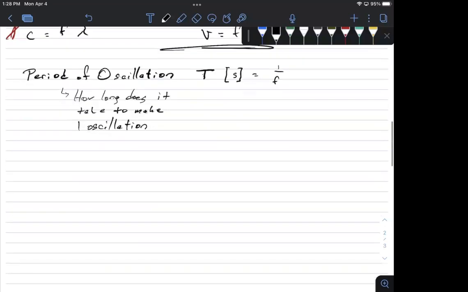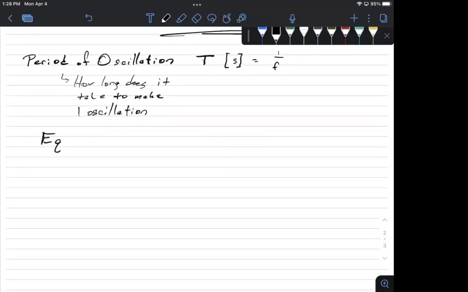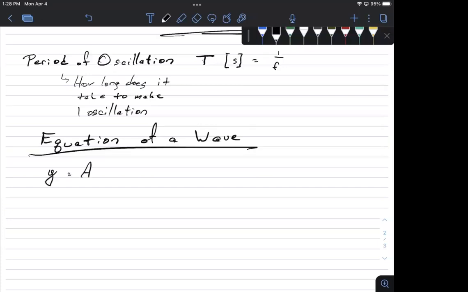Here's the equation. So this is the equation of a wave. The equation of a wave goes like this. y is equal to A sine of 2 pi over lambda times x, minus 2 pi f t.